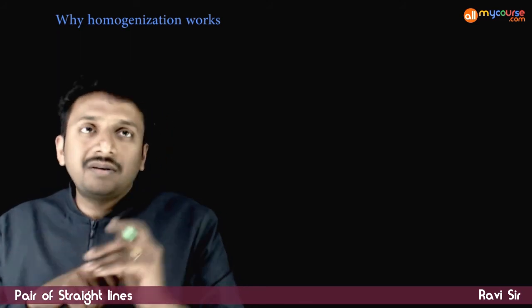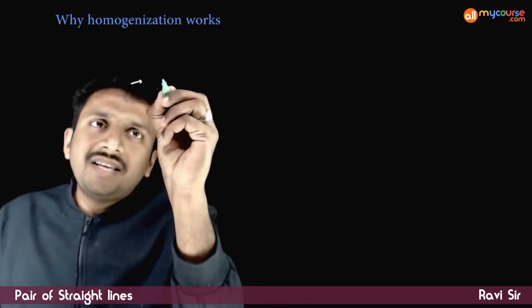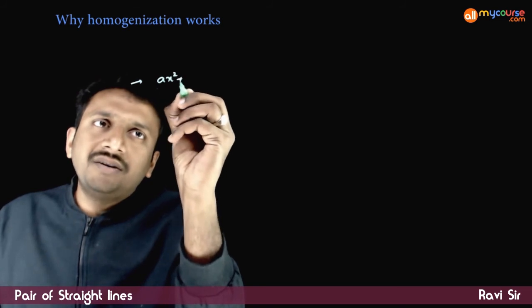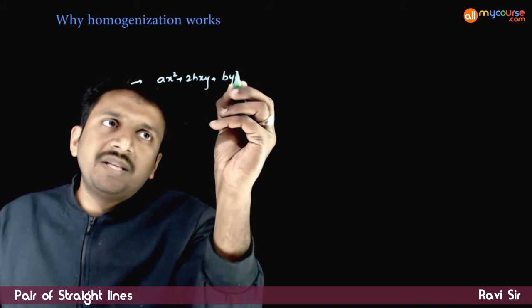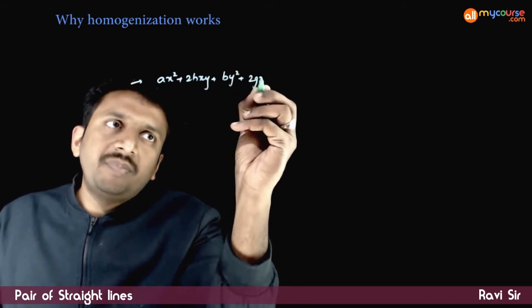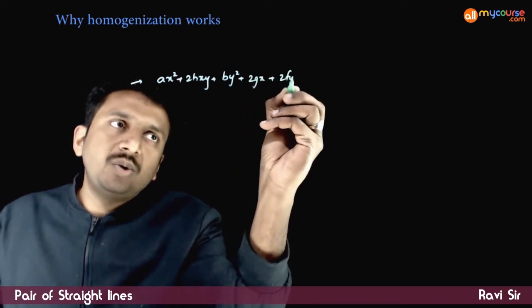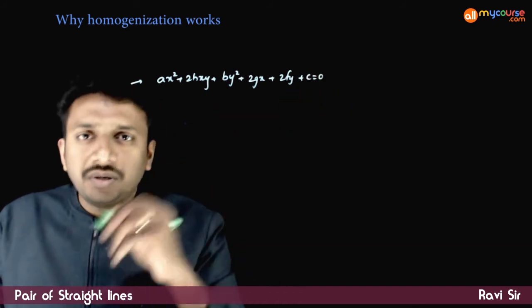In this video, let us look at why this process of homogenization works. What is the logic of this process? So let us say that you have a general curve ax square plus 2hxy plus by square plus 2gx plus 2fy plus c is equal to 0.